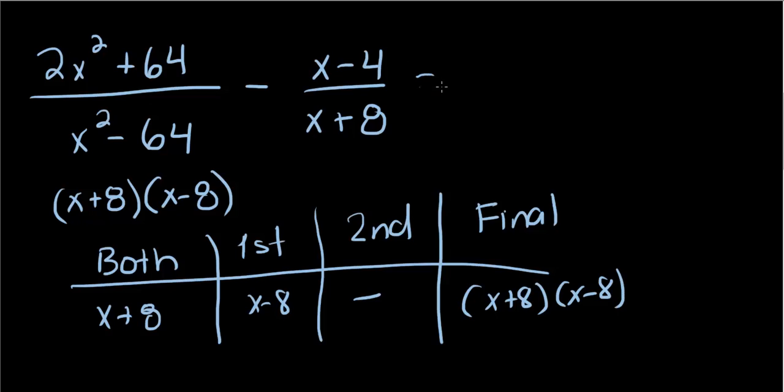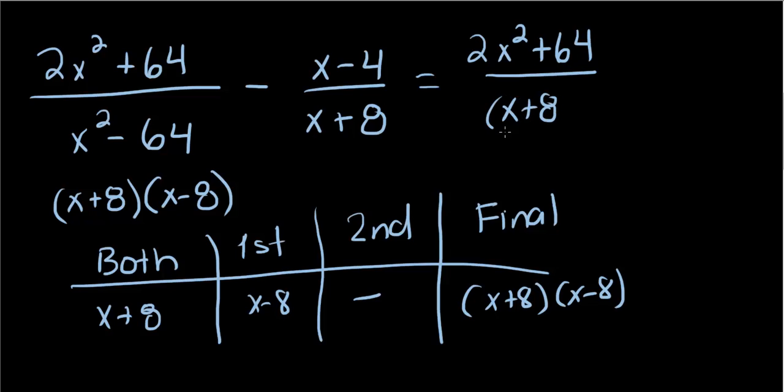Just like on the first example, I don't have to do anything to the first term because it already has that denominator. So I'm just going to write (x plus 8)(x minus 8). The second term, however, doesn't have the x minus 8, so I'm going to multiply this by (x minus 8) over (x minus 8).